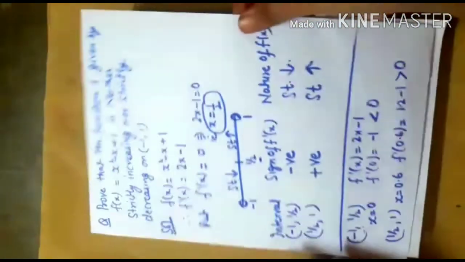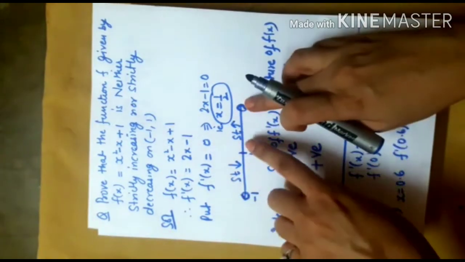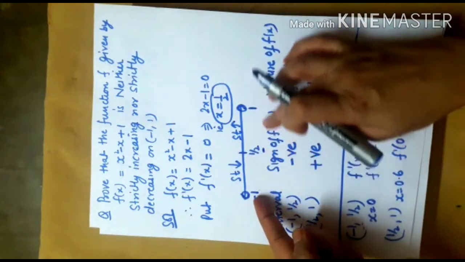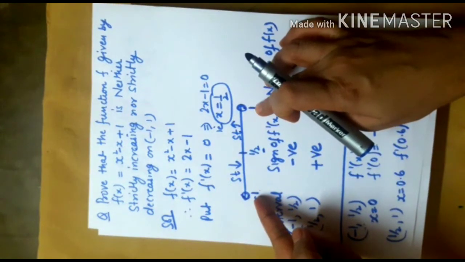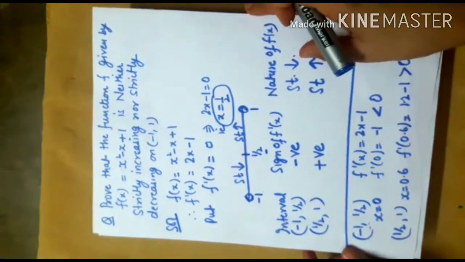Right? But in this case, in this part the function is strictly decreasing, and in this part it is strictly increasing. So if I take this entire interval, the conclusion will be the function is neither strictly increasing nor strictly decreasing.